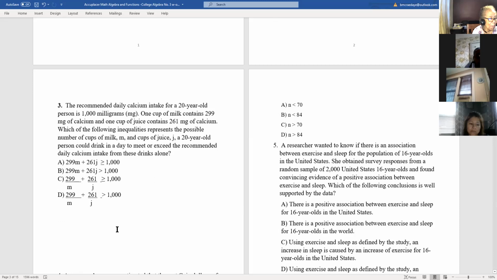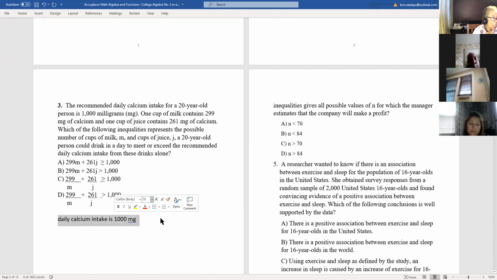Now, what's the recommended daily calcium intake?